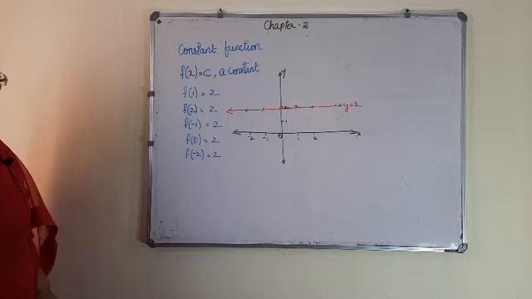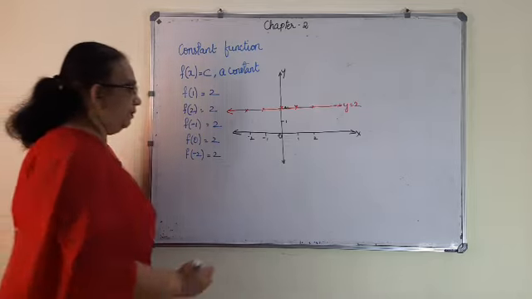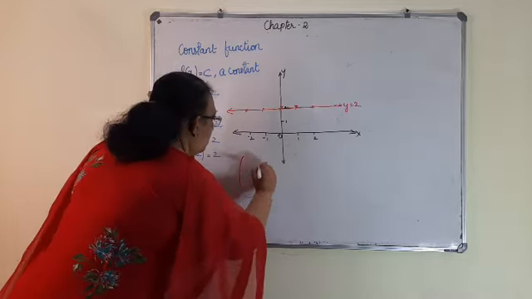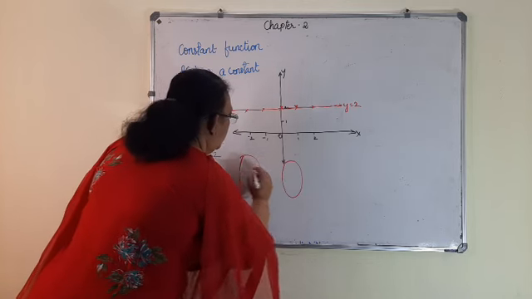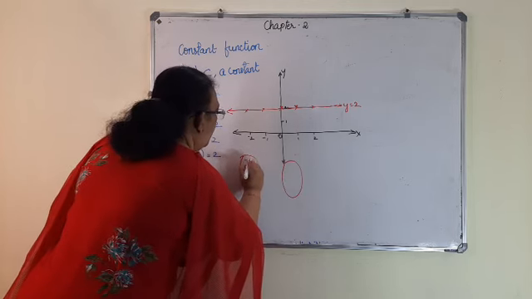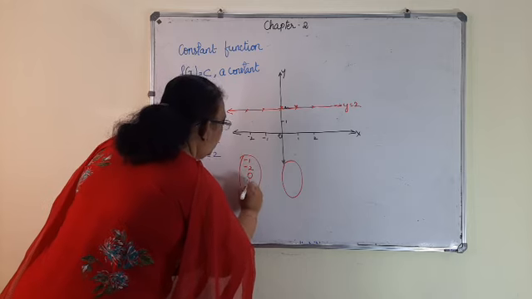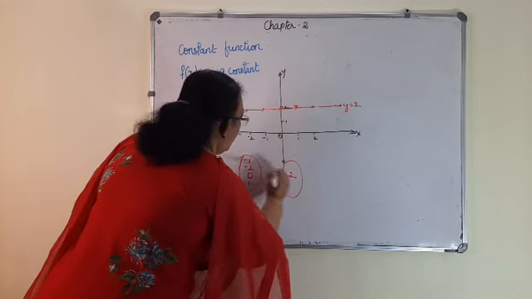Now, what can you say about it? Will this be a function? Arrow diagram: minus 1, minus 2, 0, 1, 2, and the image is equal to 2.